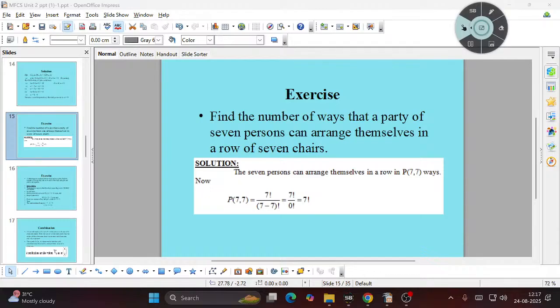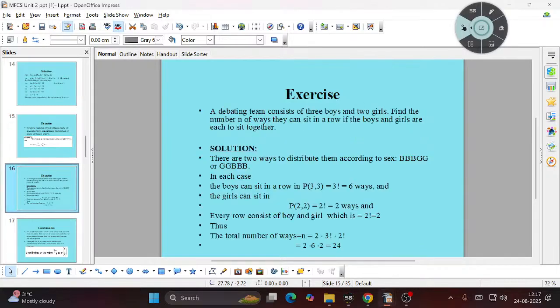Now do this one. Write down. A debating team consists of 3 boys and 2 girls. Find the number of ways they can sit in a row.